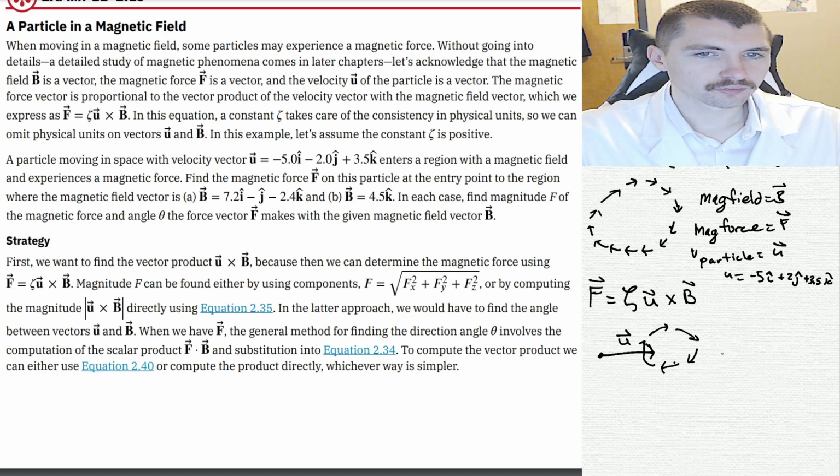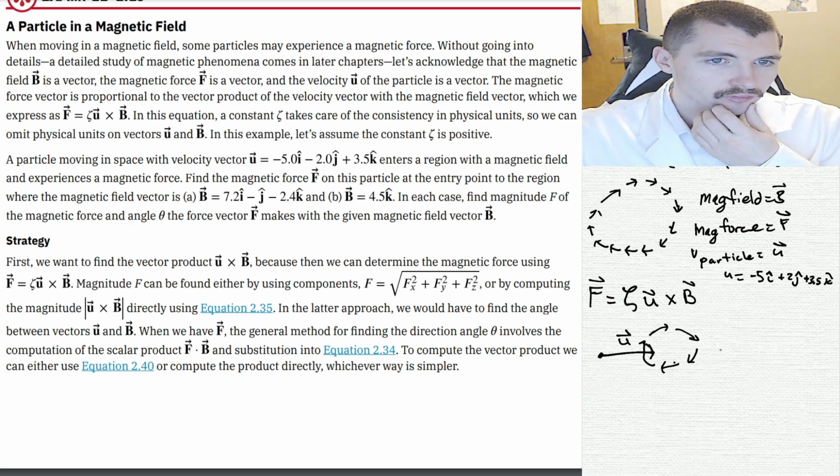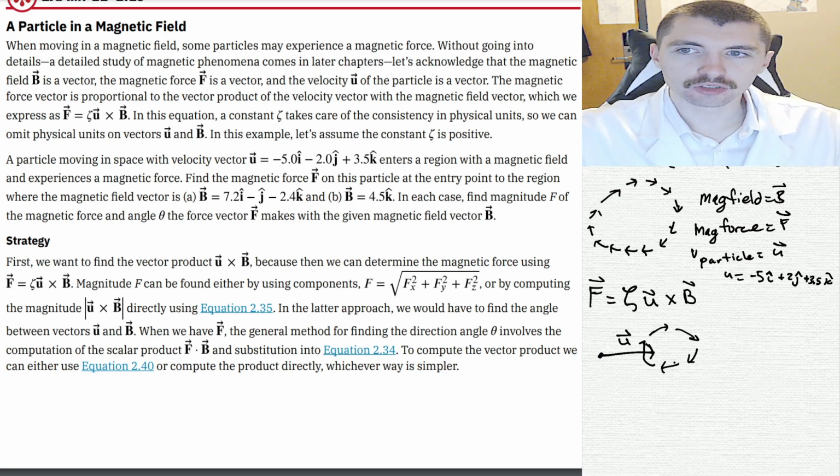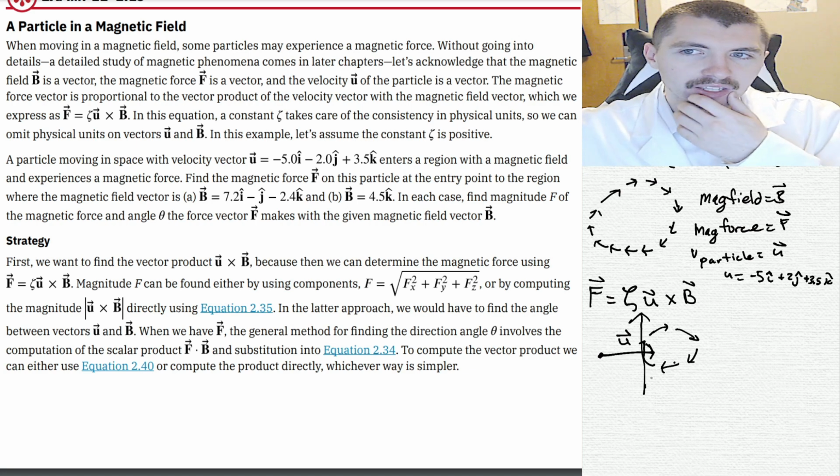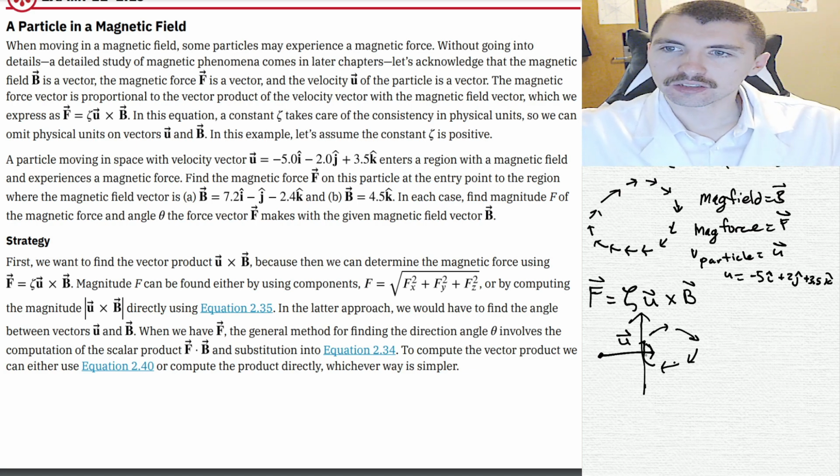Okay. What's the force on this particle? What is this force that it hits when it's getting a force from a completely different direction?